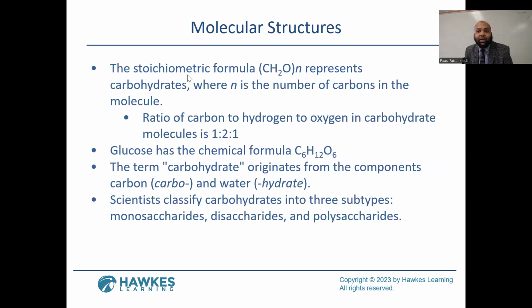So this is the stoichiometric formula. So you see there's always 2 hydrogens compared to 1 carbon, 1 oxygen. But that does not mean all carbohydrates look like that. That's why there's an N outside. So if you have an N outside, let's say this N is a 2.